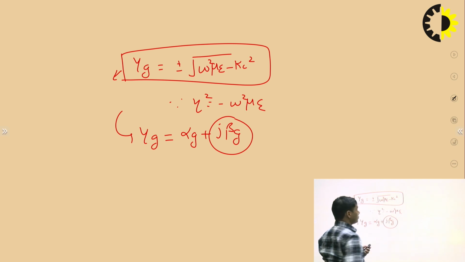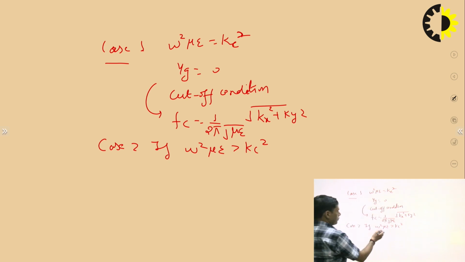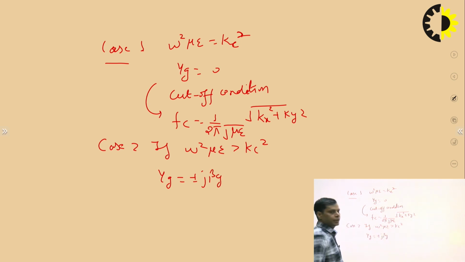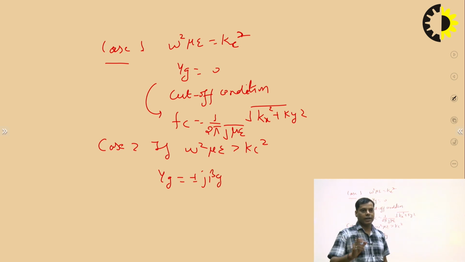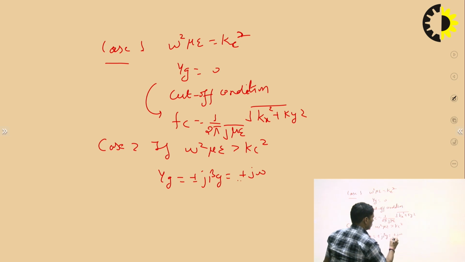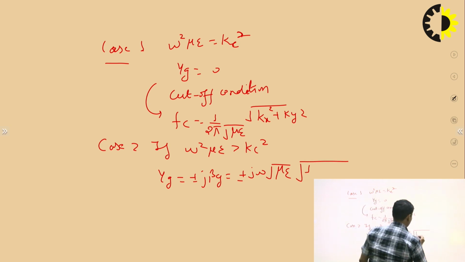The overall part will be positive, so under root we can solve, and gamma g comes out in terms of the imaginary part only, that means the phase constant. So gamma g will come out as plus minus j omega under root of mu epsilon under root of 1 minus fc upon f whole squared.